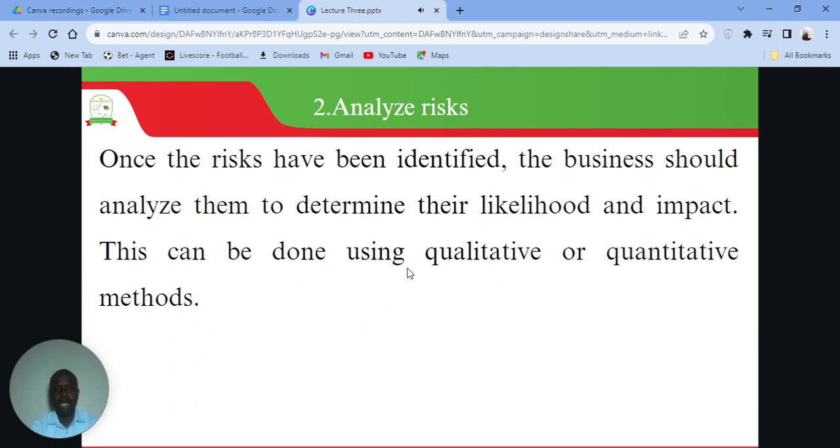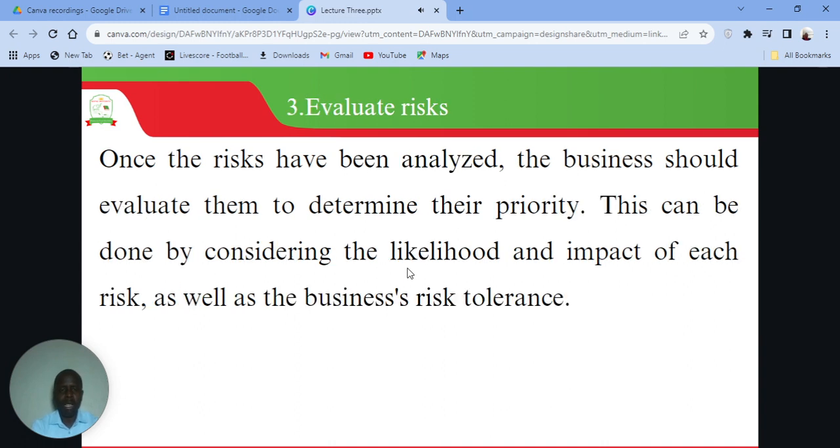We have already identified, maybe, quite a number of them, so we analyze them and determine the likelihood and the impact. We can use various methods, qualitative methods and quantitative methods. We will, of course, get deeper into the discussion and understanding of how that is done.